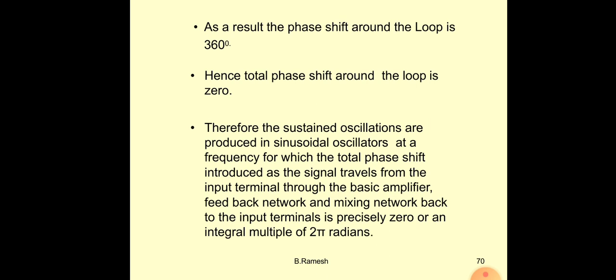Therefore, sustained oscillations are produced in a sinusoidal oscillator at a frequency for which the total phase shift introduced as the signal travels from the input terminal through the basic amplifier, feedback network, and mixing network back to the input terminal is precisely 0 or an integral multiple of 2 pi radians.